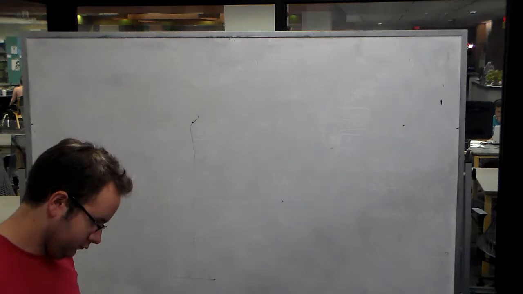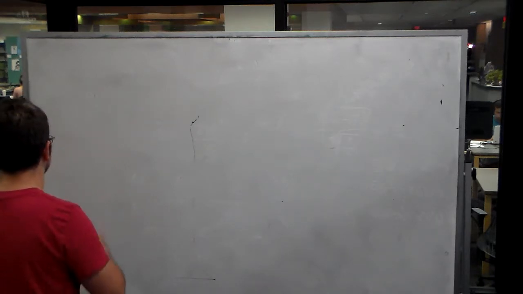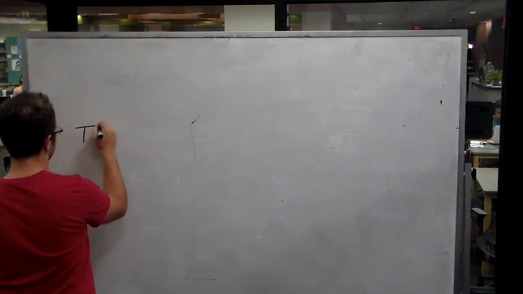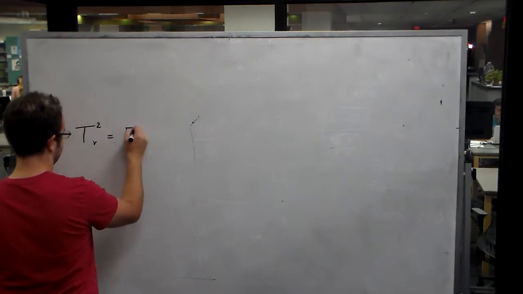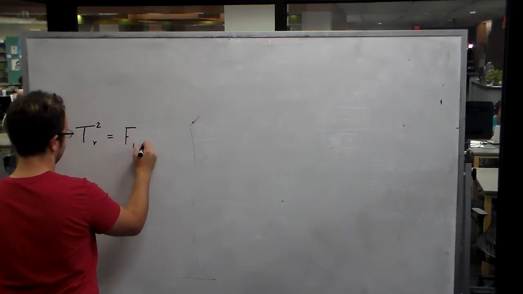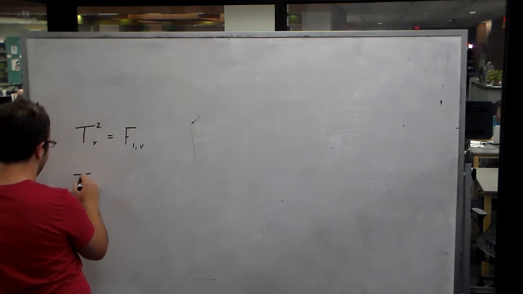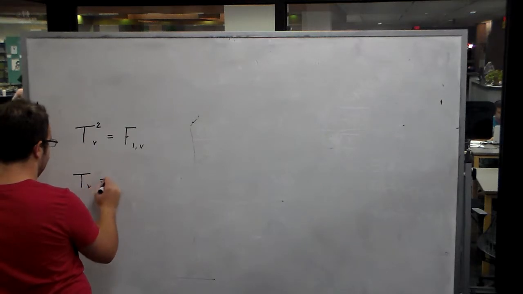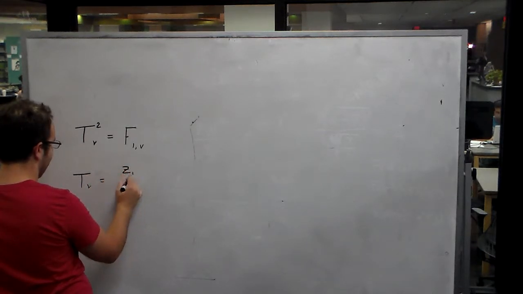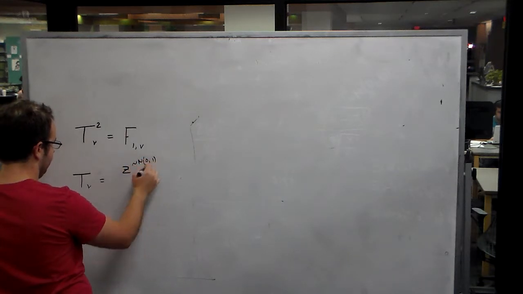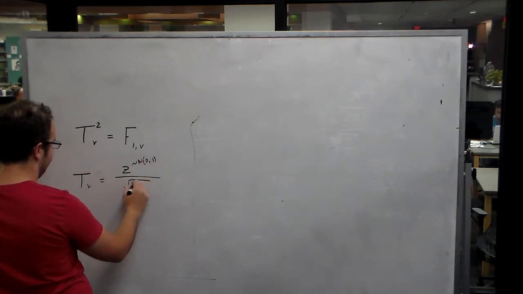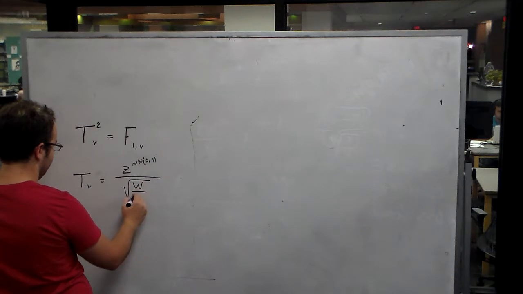It's t squared: the distribution of t squared with v degrees of freedom equals an f distribution with 1 comma v degrees of freedom. So let's just start with t with v degrees of freedom. That would be a normal z, 0, 1, divided by the square root of w over v.